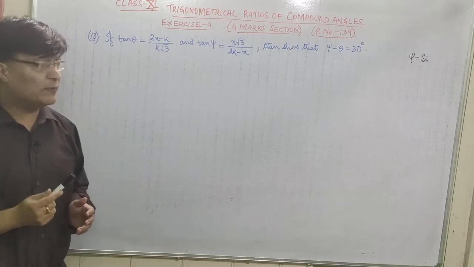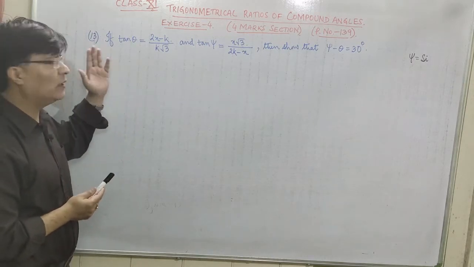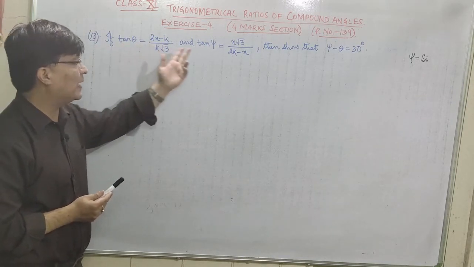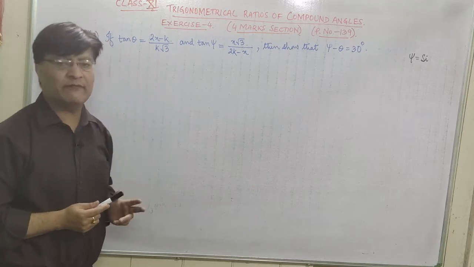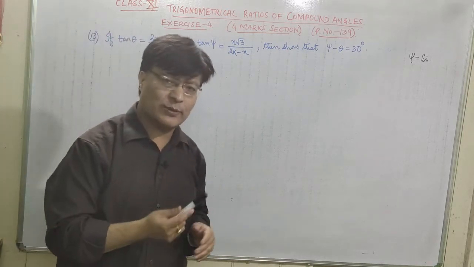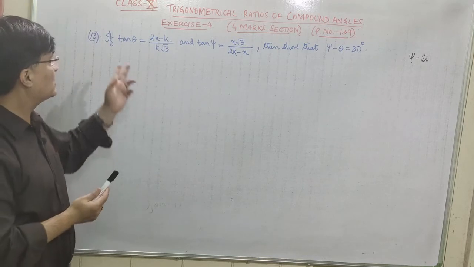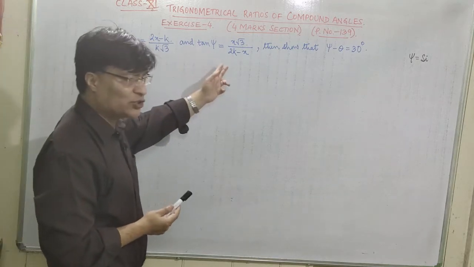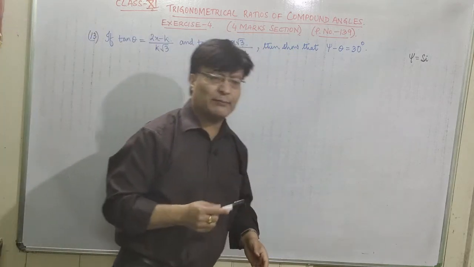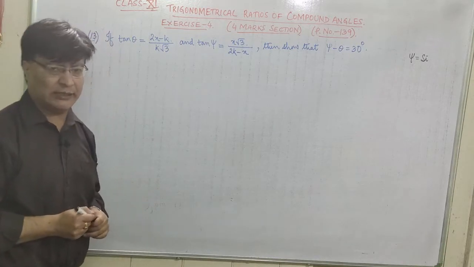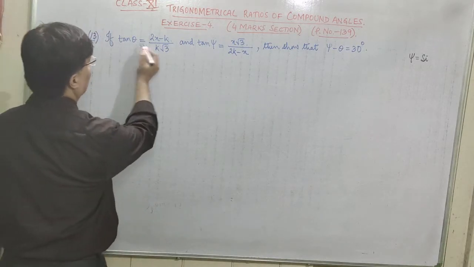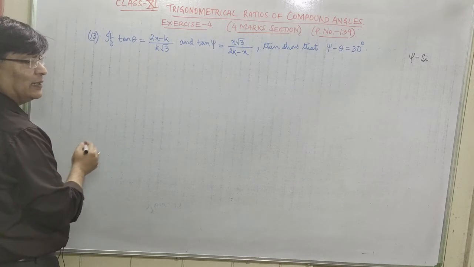So from these two given conditions, that is the given values for tan theta and tan psi, you have to prove that psi minus theta is equal to 30 degree. Okay, so these are the given values of tan theta and tan psi.